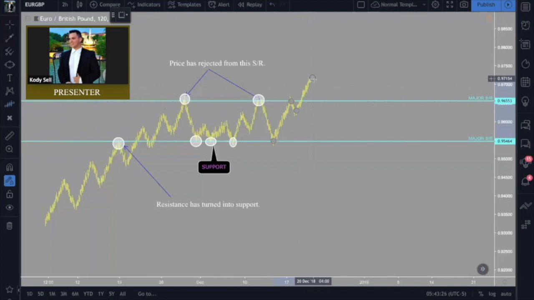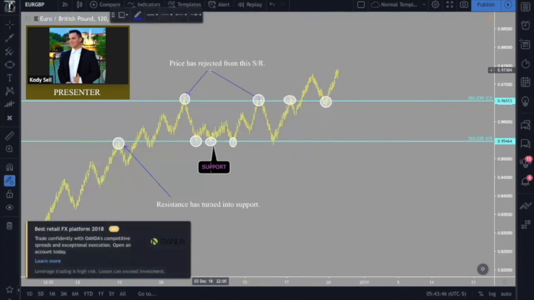We would expect that price will return to the previous support and resistance level and now find that that resistance has now turned into support, and we will rise again. So here we are. Other key telltale signs that this is indeed an important support and resistance level in the market.